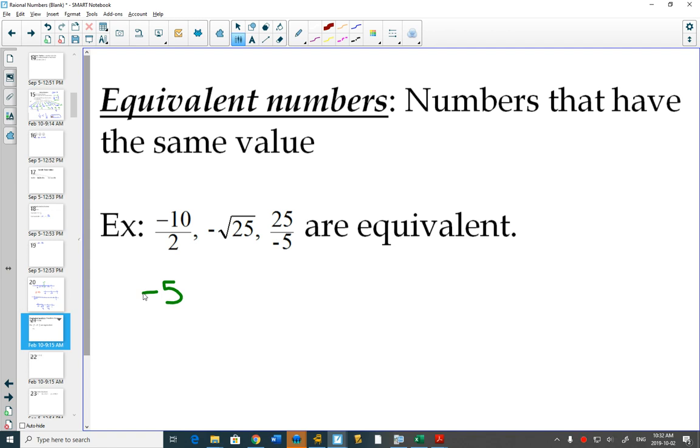What's negative square root of 25? Square root of 25 is 5, and a negative in front, that would still be negative 5. And 25 divided by negative 5? Positive divided by negative is negative. 25 divided by 5, still negative 5. So even though all three of those look different, they are all equal to the same thing.